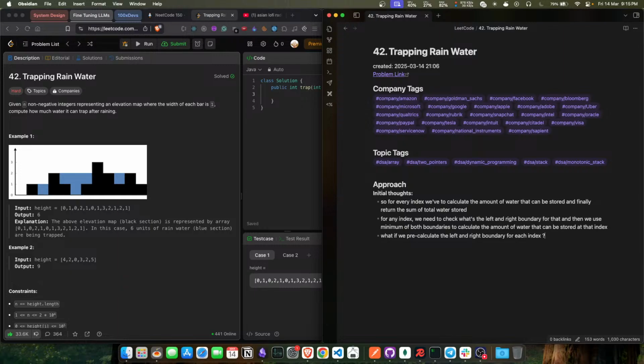How do we do it? What is the boundary for this index basically? It is the next maximum point, right? Like for this point, it will be the next higher point than this, right?